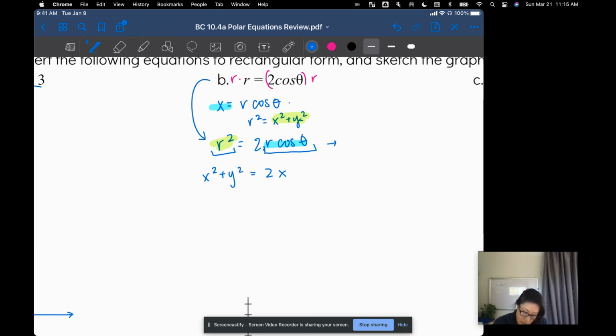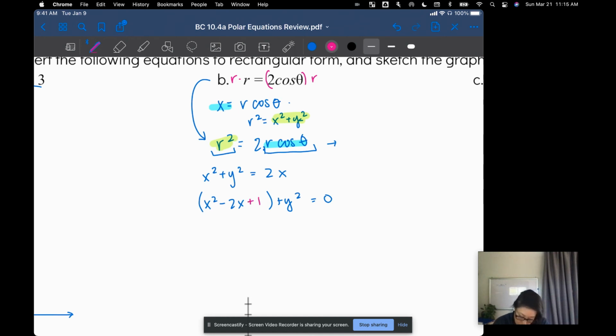Now we just need to, actually, I'm going to get everything to one side because this is x squared minus 2x plus y squared is equal to 0. And I did this because I can recognize this is a circle. So I'm going to complete the square. Negative 2 divided by 2 is negative 1, squared gives me 1.